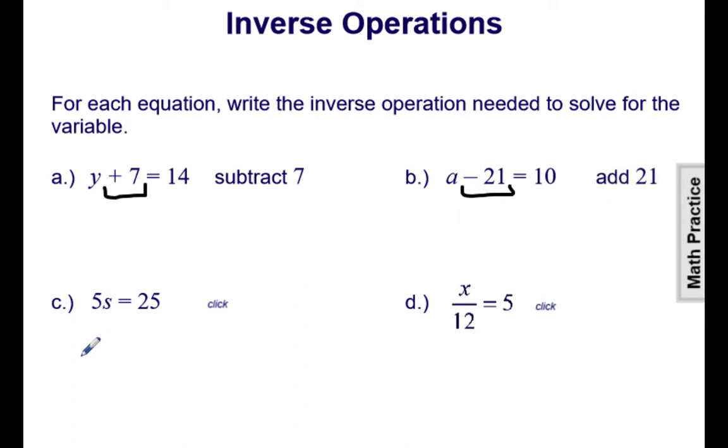In c, we have 5 times s, or 5s, equals 25. We have a current operation of multiplication, multiplying by 5. So we need to do the opposite of multiplying, which is divide by 5. And in d, we have x divided by 12 equals 5. So the current operation is dividing by 12. The inverse would be to multiply by 12.